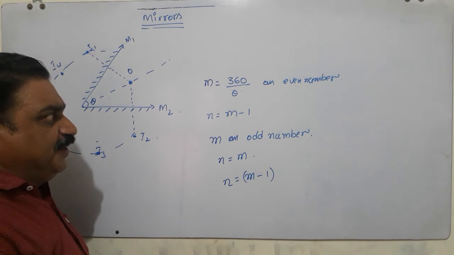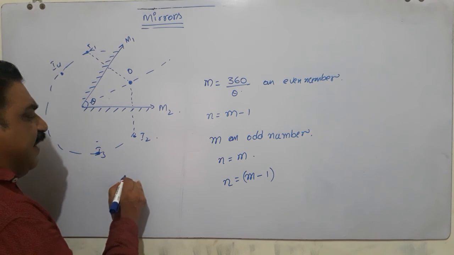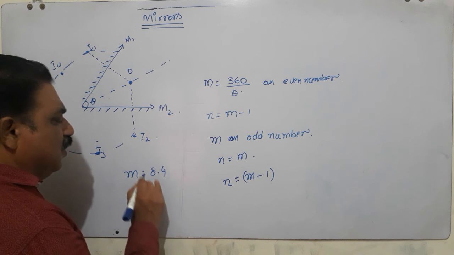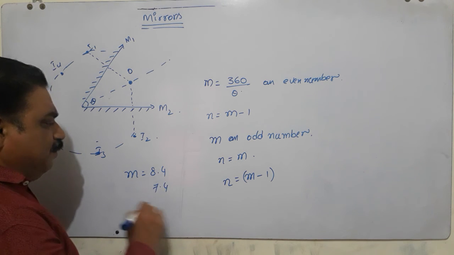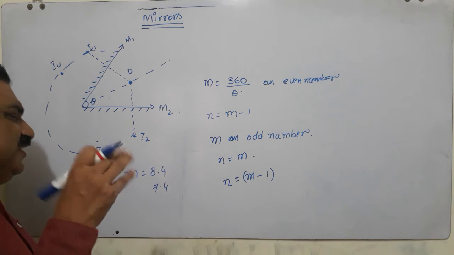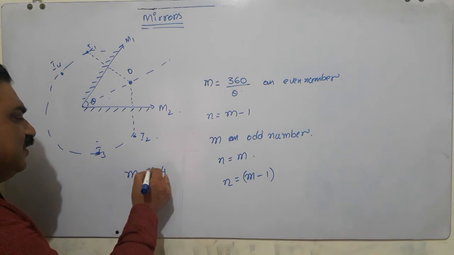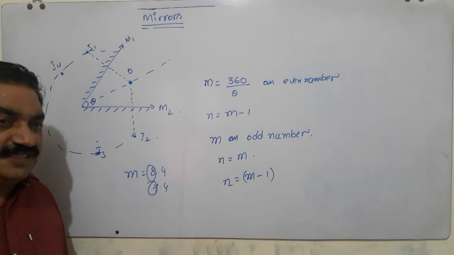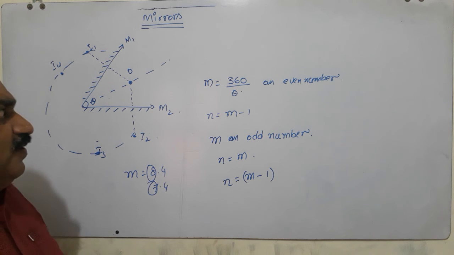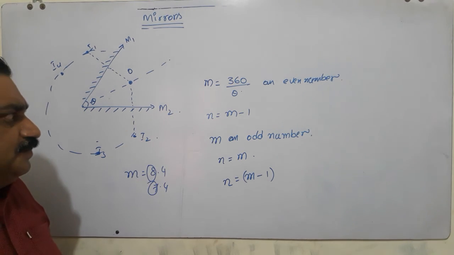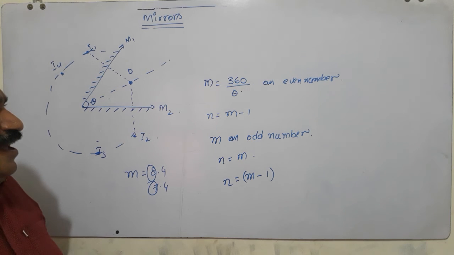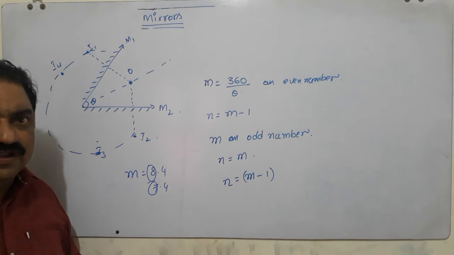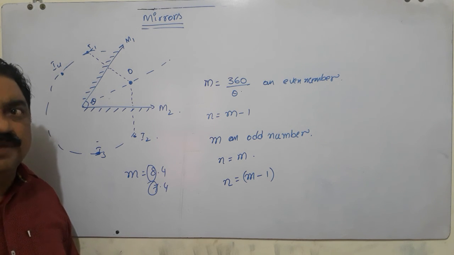Very important, keep in mind. If this value of m is something like 8.4 or 7.4 or 3.4, for any situation, only the integral part should be considered as the number of images. Keep it in mind, m is 360 by theta. If you get this m value, depending upon its odd and even nature, we can estimate the total number of images.